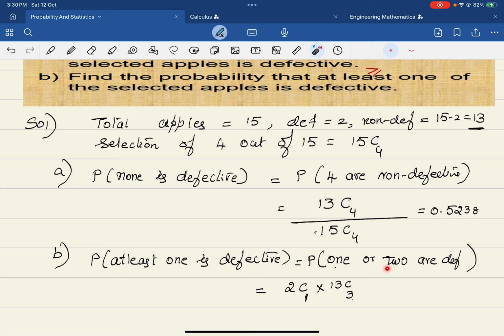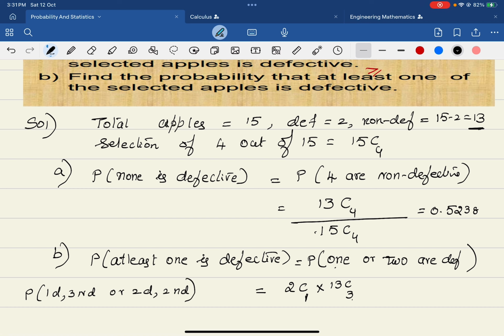And now, when 1 is defective, the 3 apples are non-defective. So I will write that clearly: probability of 1 defective and 3 non-defective, or 2 defective and 2 non-defective.